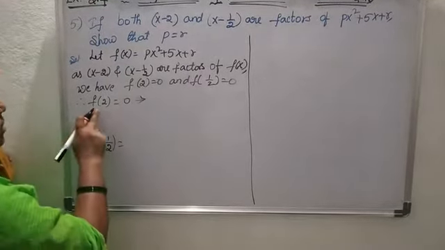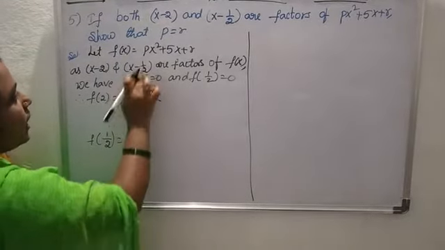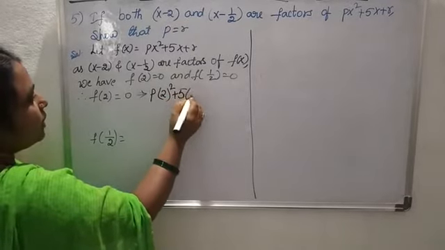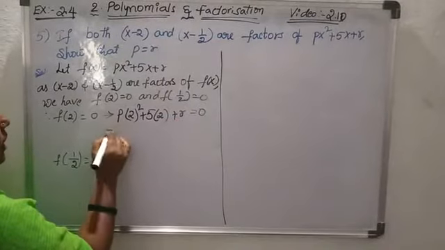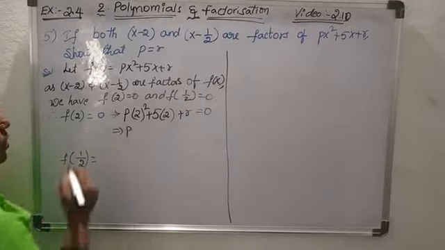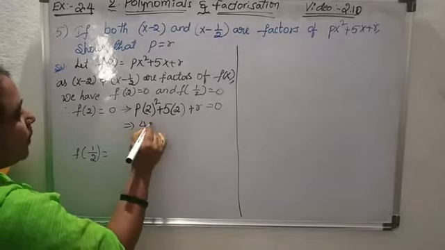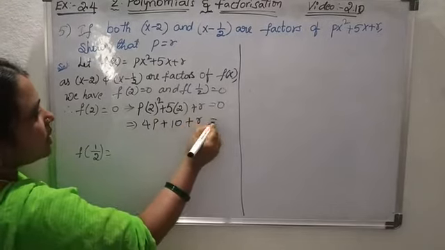That implies f of x, this polynomial: p into, in the place of x we should substitute 2, whole square, plus 5 into 2 plus r is equal to 0. That implies p into 2 square, that is 2 times 2, 4p plus 5 2s are 10 plus r is equal to 0.